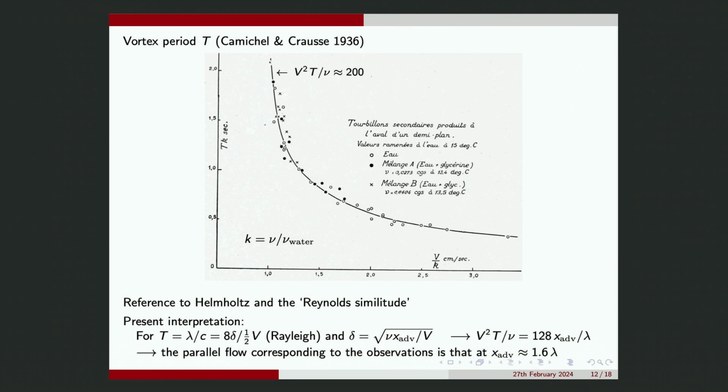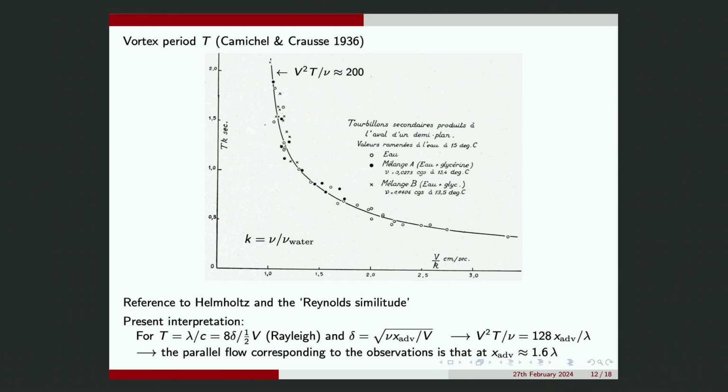And if you look here, when you double the velocity, the period is divided by 4, which means that this curve must correspond to something like V square multiplied by T divided by the viscosity equals approximately 200.